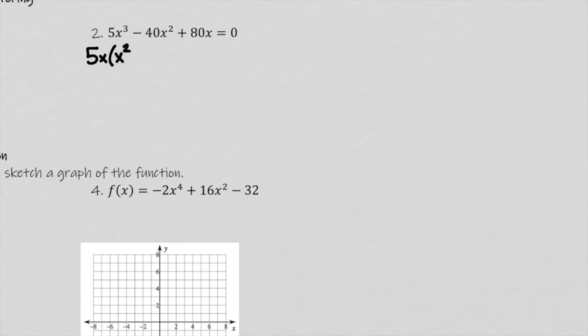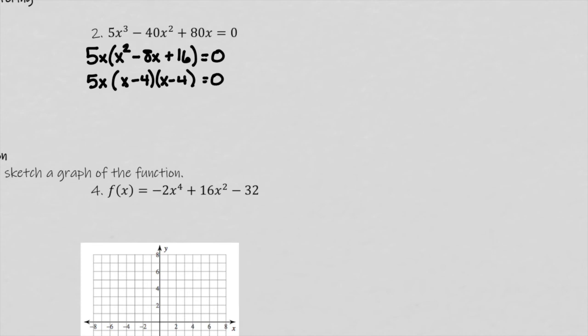So I end up with x squared minus 8x plus 16. I said that needs to change to a minus; in the originals, yours might say a minus 80x. That needs to be plus, I'm sorry. All right, so 5x, let's factor the inside. It needs to multiply to 16 and add to negative 8. So I get an x minus 4 and an x minus 4.